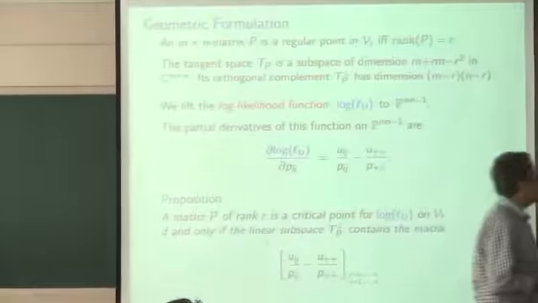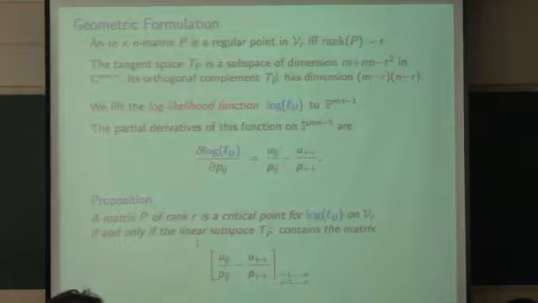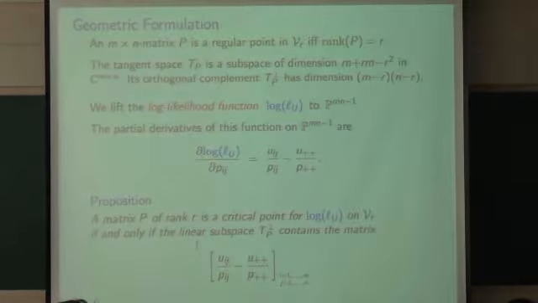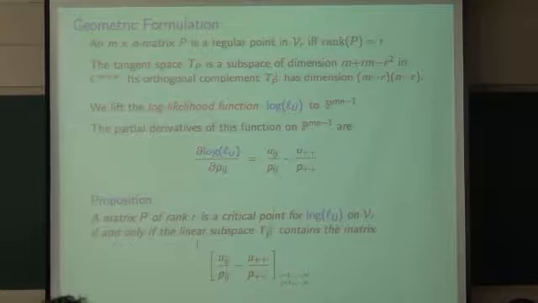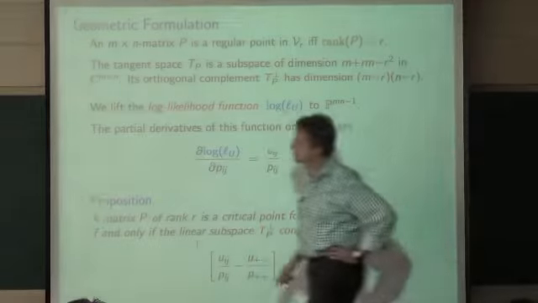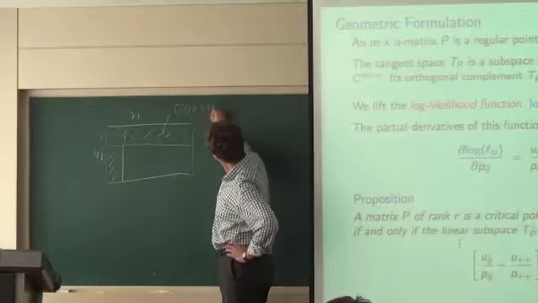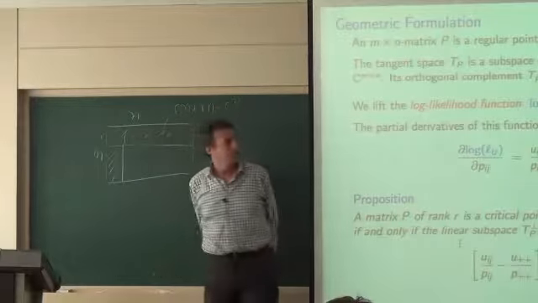Let's talk a little bit about formulation, how you set up the solving of these equations. So the geometric formulation, if you want to actually solve this in some mathematical software: P is a regular point on the variety V_R if and only if the rank is exactly R. And at such a point, we have the tangent space, and its dimension is equal to the dimension of the variety, Rm plus Rn minus R squared.